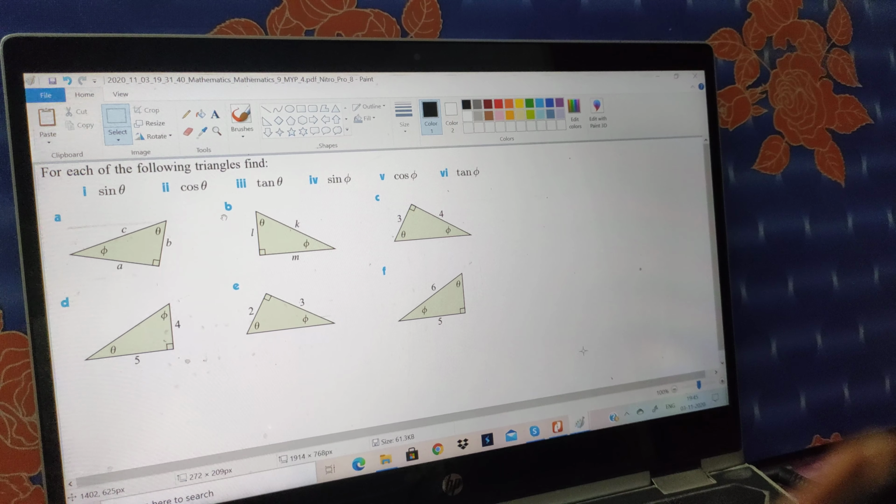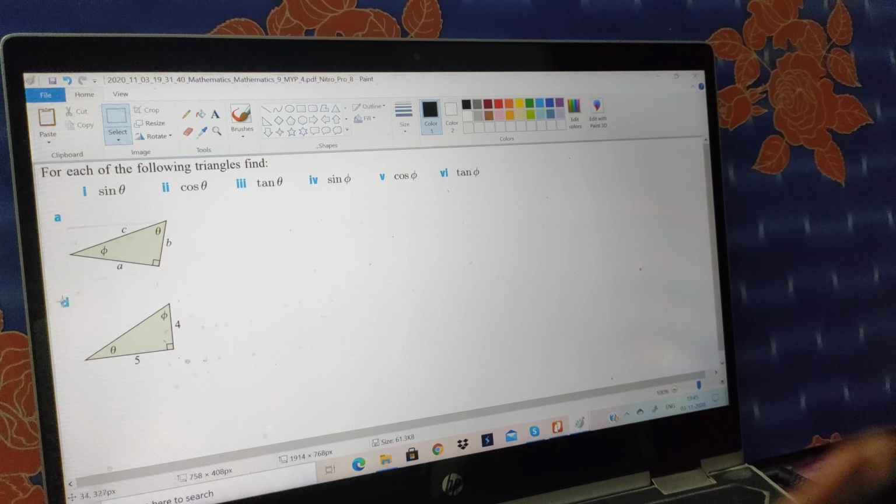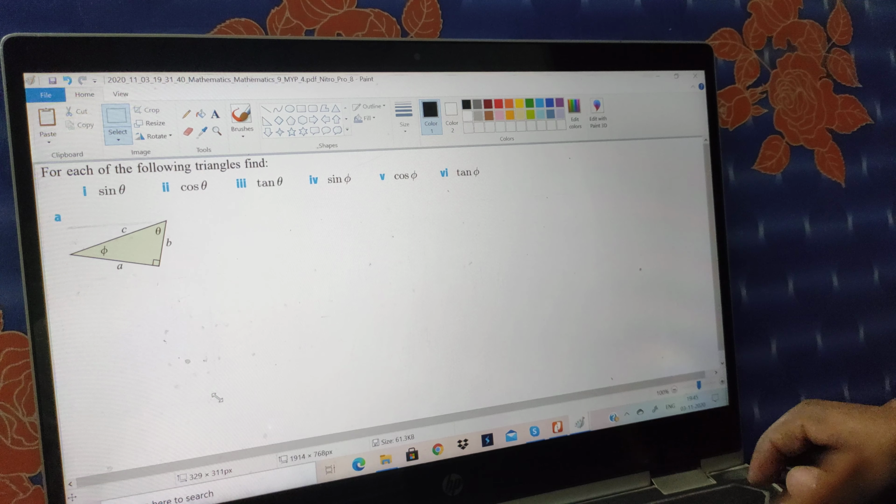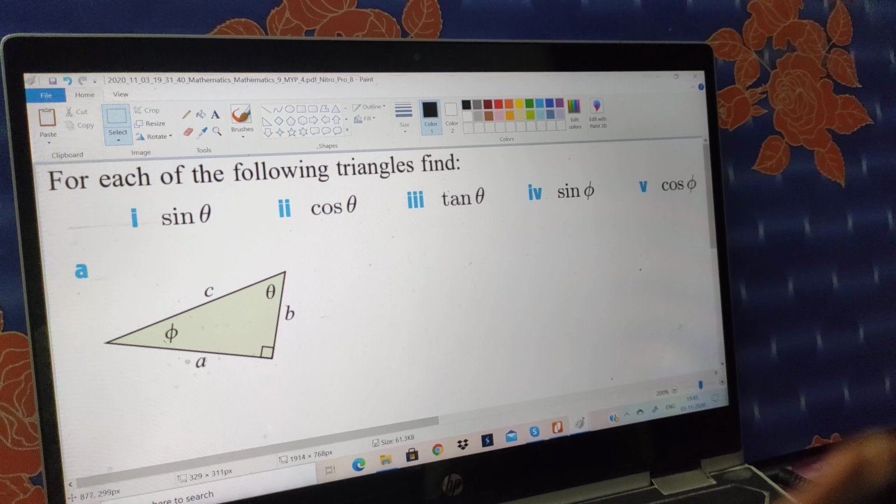So I'll erase the remaining questions so that I can explain only part A. I'll just erase this and then zoom in for a better view. Okay, now you can see that we have two different angles, so I'll consider one angle at a time.